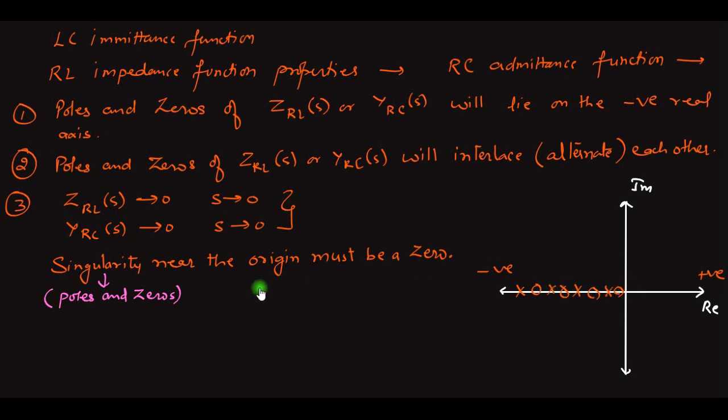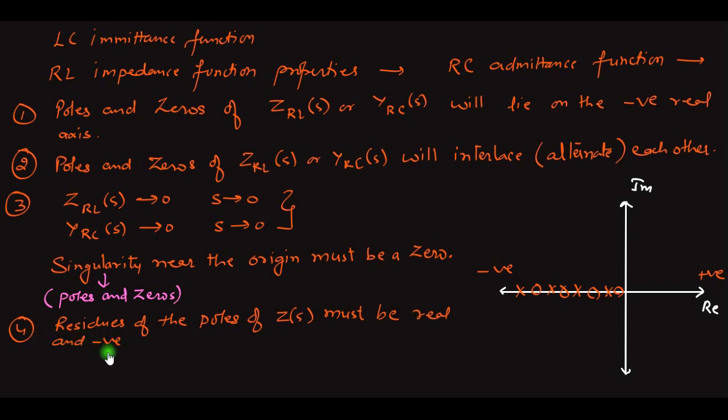Let us discuss the fourth property. Residues of the poles of Z of S must be real and negative.